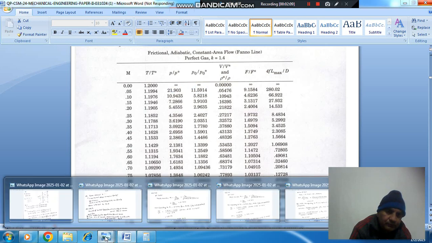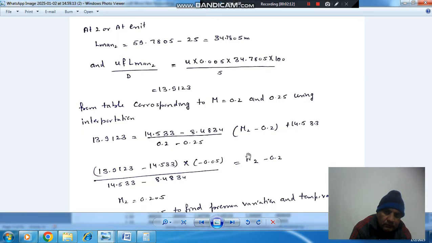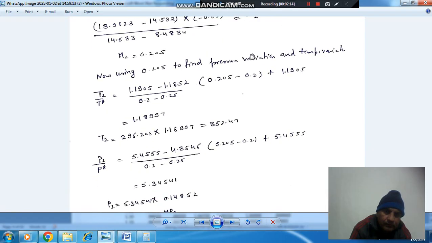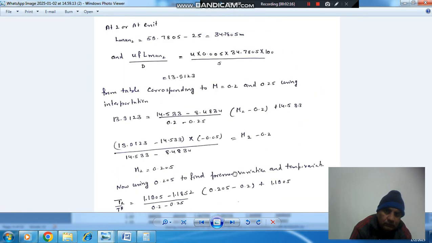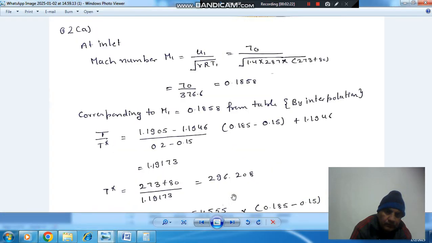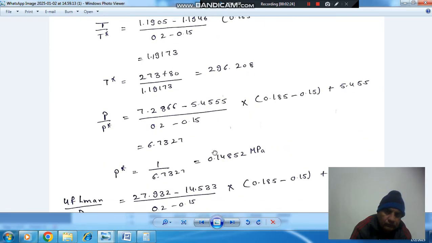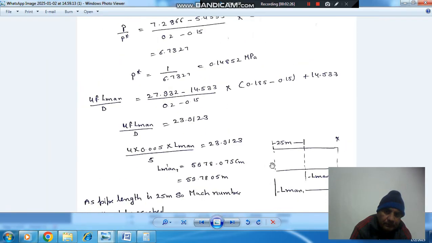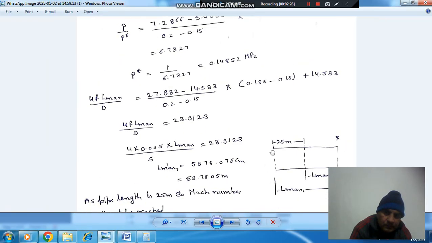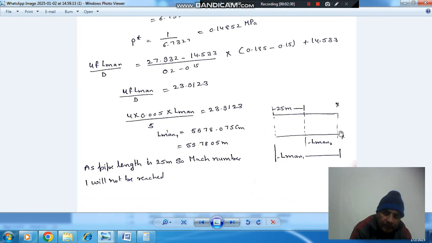So this is your pipe, and this is the inlet.